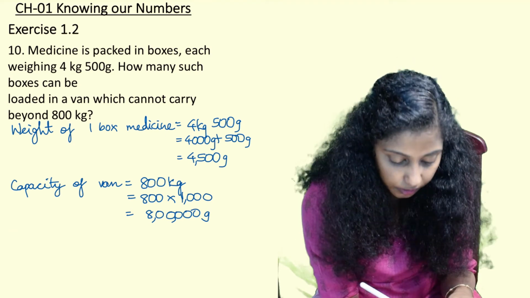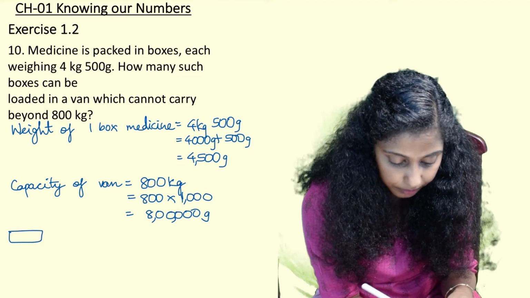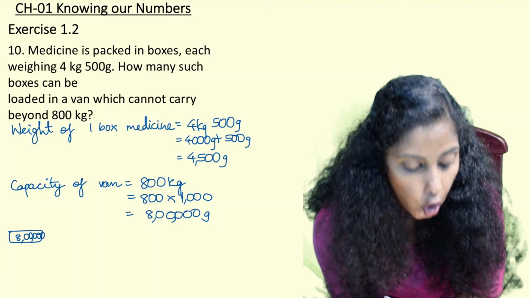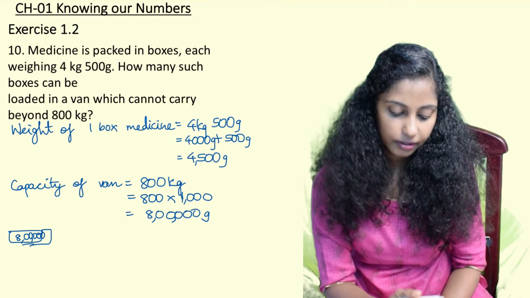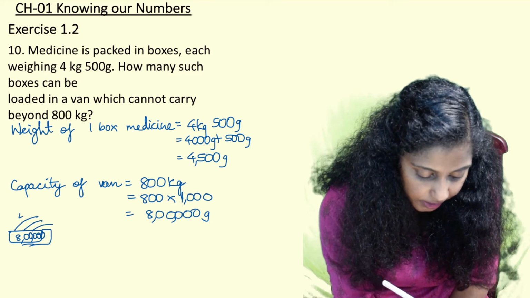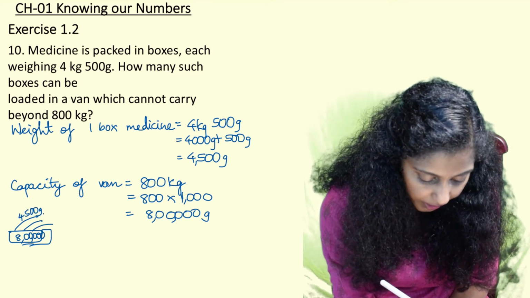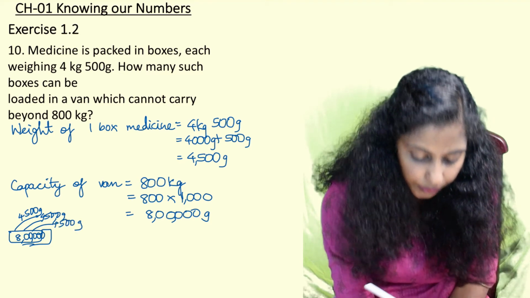So we take it like this: the big van, a box of 8 lakh gram, it cannot carry beyond that, but then how many such 4500 grams can it carry? Hence we are doing division.